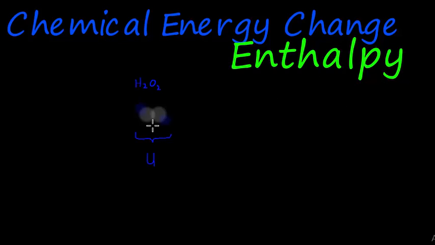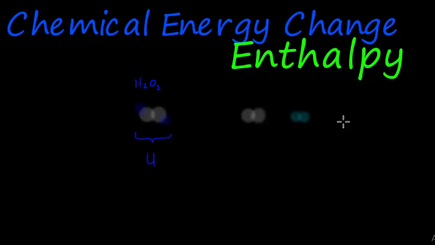If we break up this molecule into the elements that make it up, we get oxygen, and we will get hydrogen. Now, these two molecules in themselves also have potential energy.